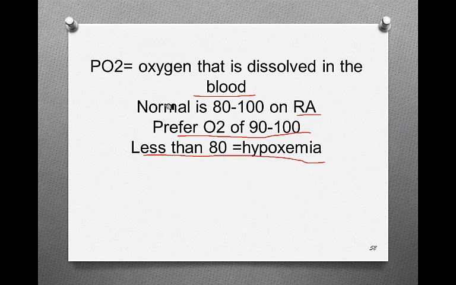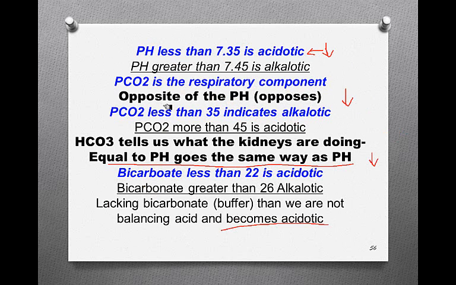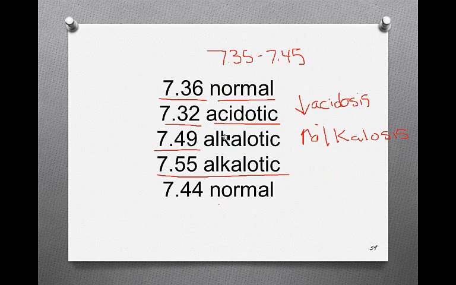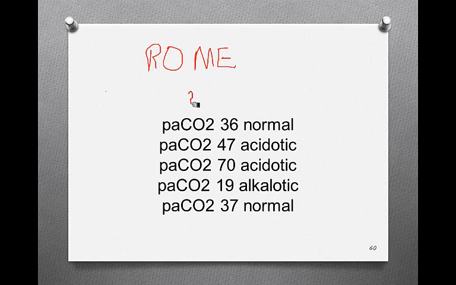Let's back up and take a look at our values again. 35 to 45. When it's low, it's alkalotic.